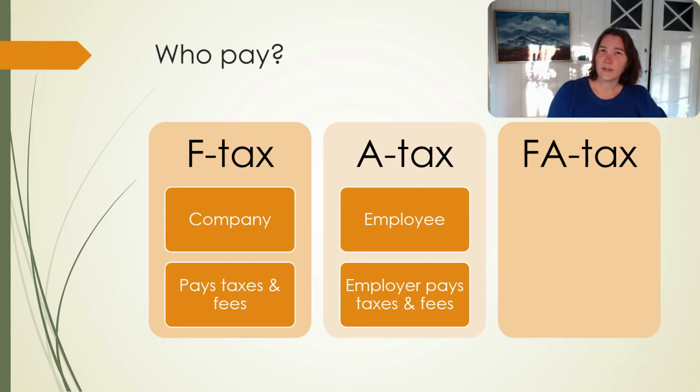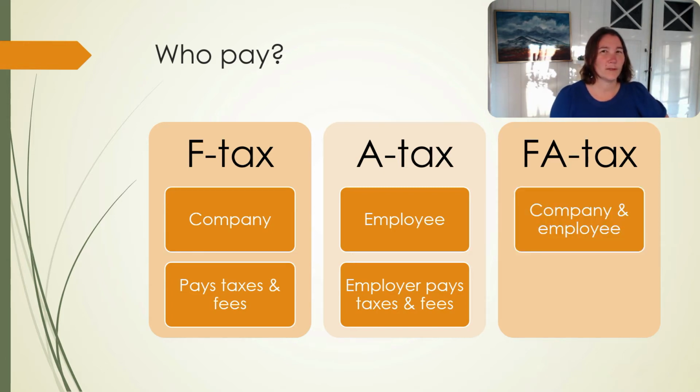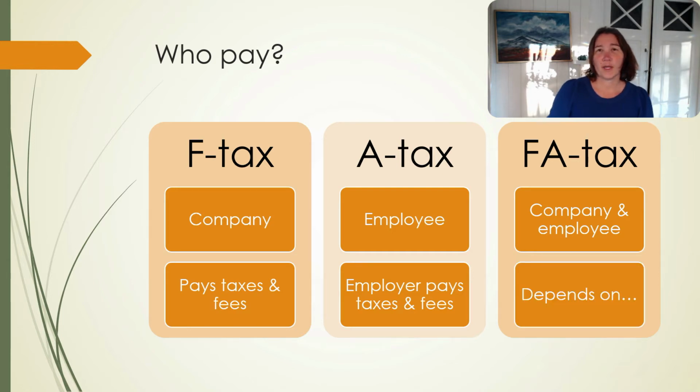And if you have an FA tax, who will pay then? Well, you have both a company and you are an employee of another company. So this depends on to whom you're selling your time. Do you sell your time to your own company? Then it's the F tax.